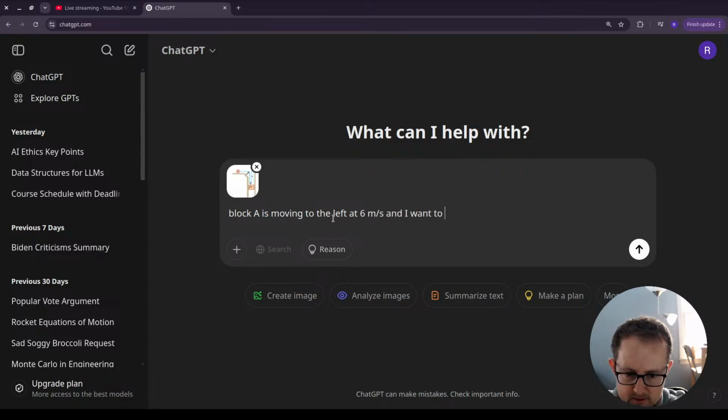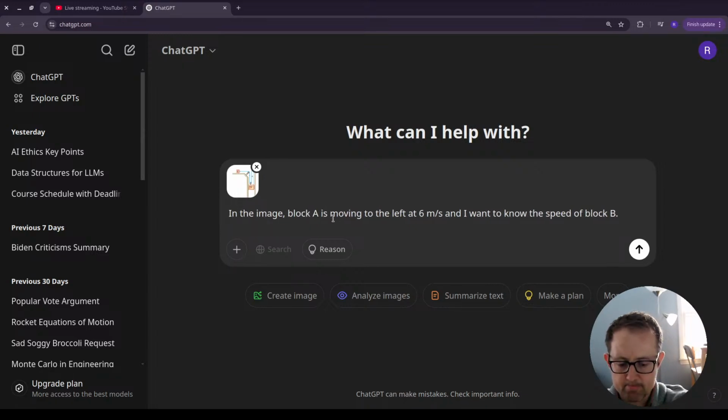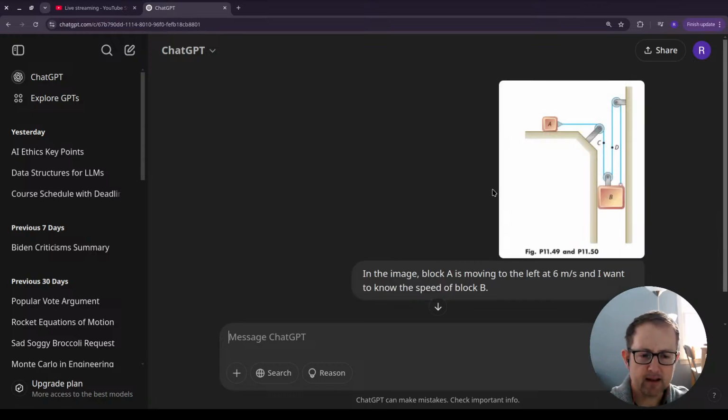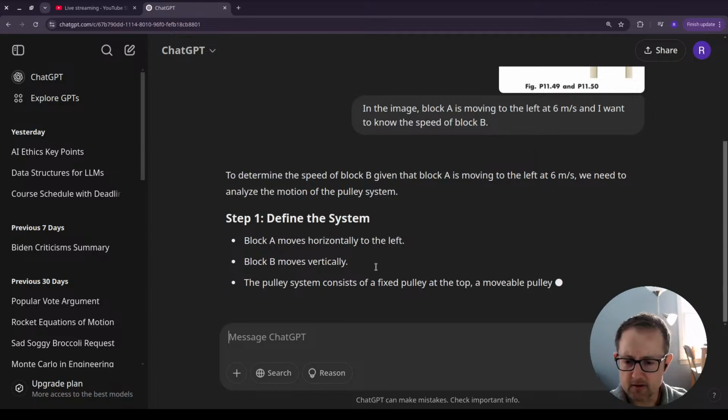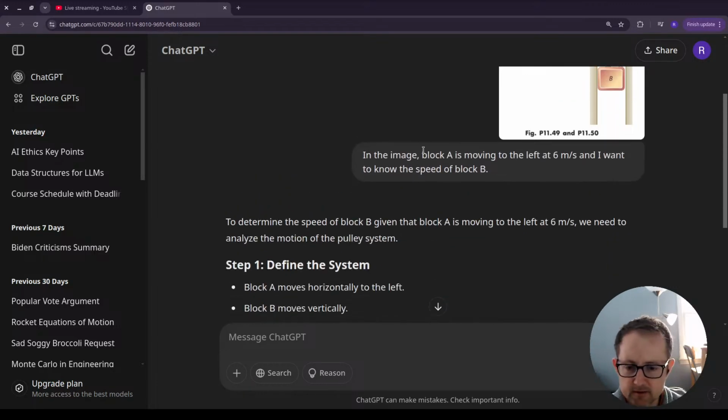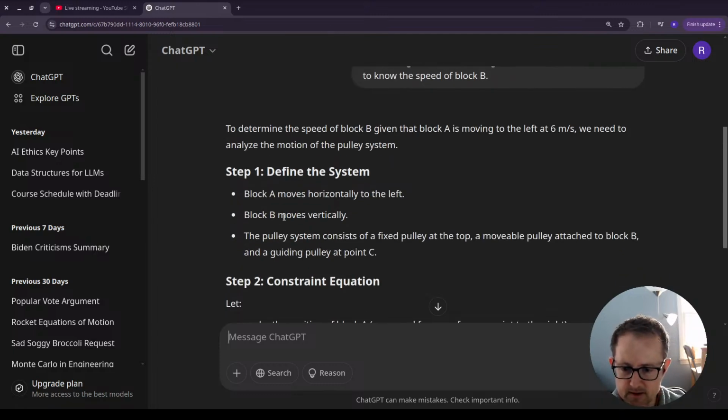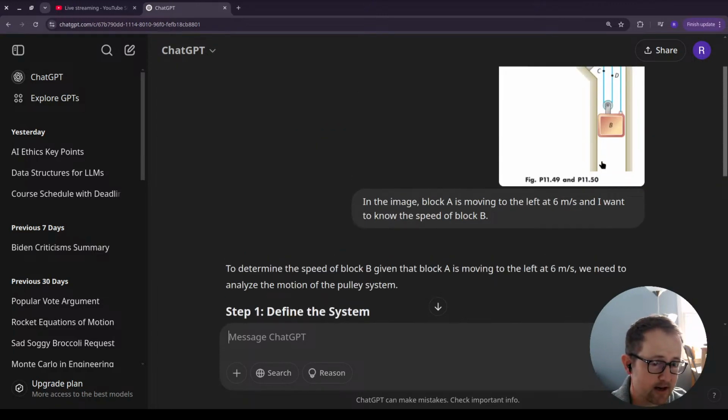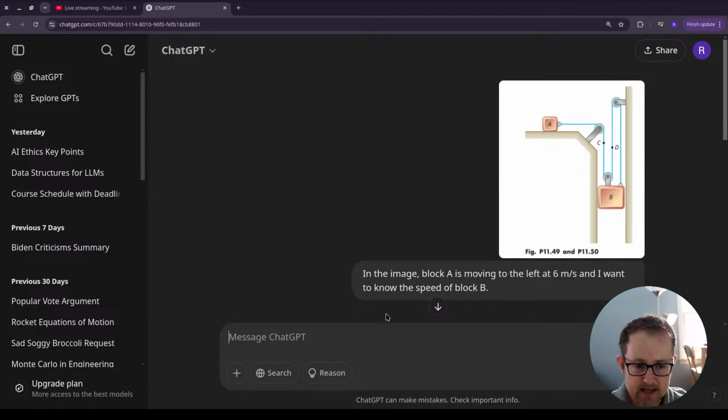I want to know the speed of block B in the image. I was trying to find a simpler version of another one. All right, so block A moves horizontally to the left, that's what I told it. Block B moves vertically, so it's nice that it figured out that this one's moving up and down.